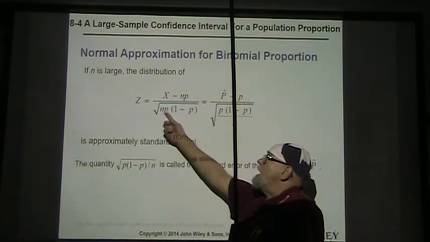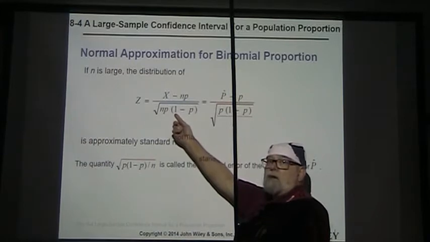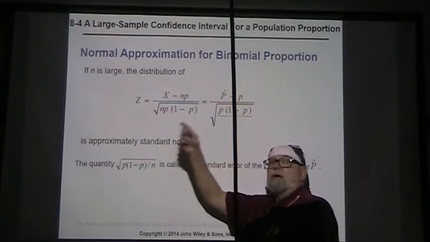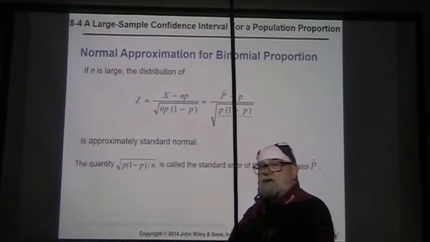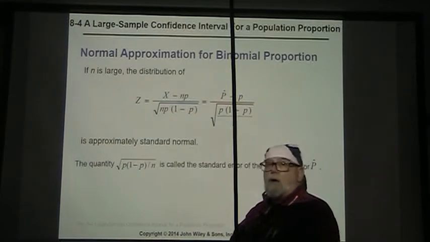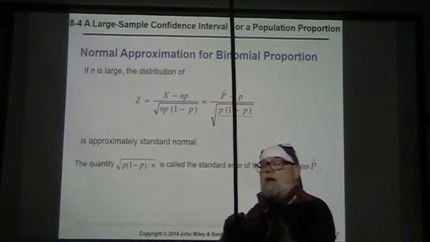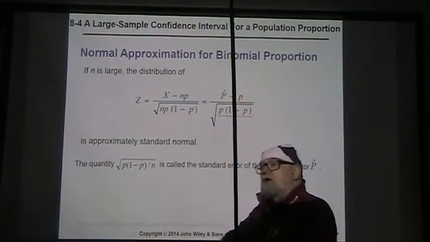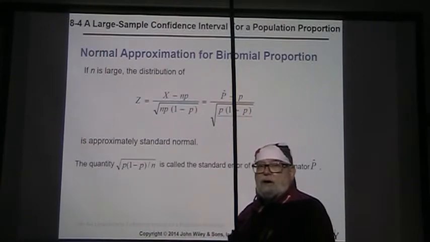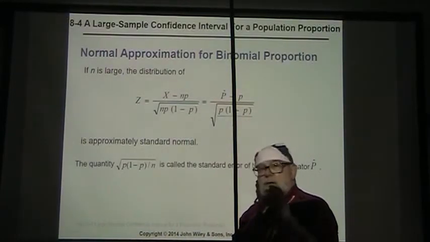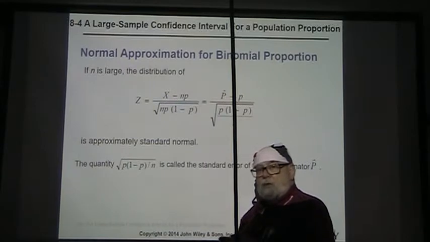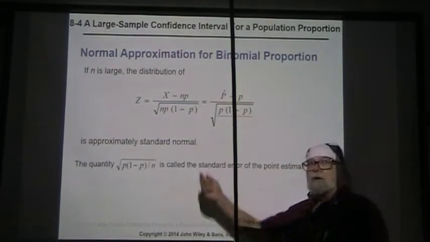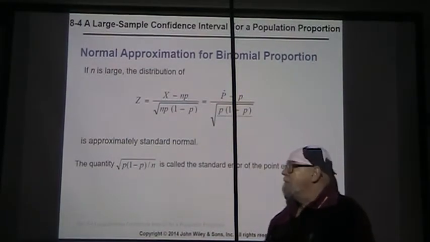The square root of np times the quantity 1 minus p is just the standard deviation. So all we have to know is the tiny variation from looking at a z number in the regular way to looking at a z number in our binomial proportional world. All right, so we say that's approximately standard normal. Close enough for government work.